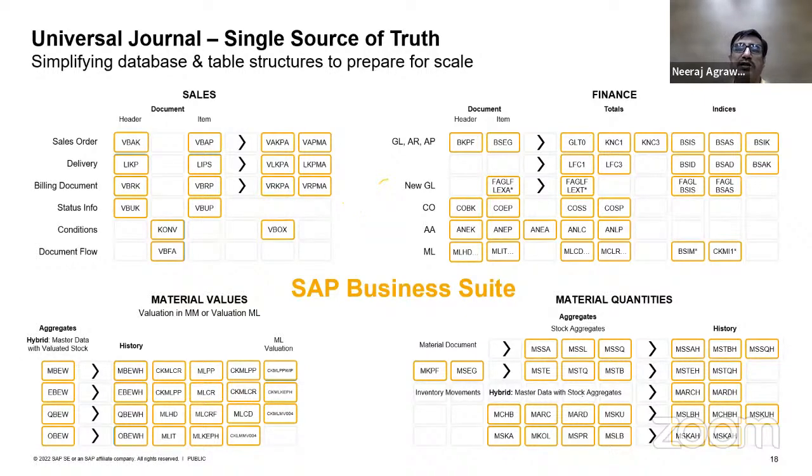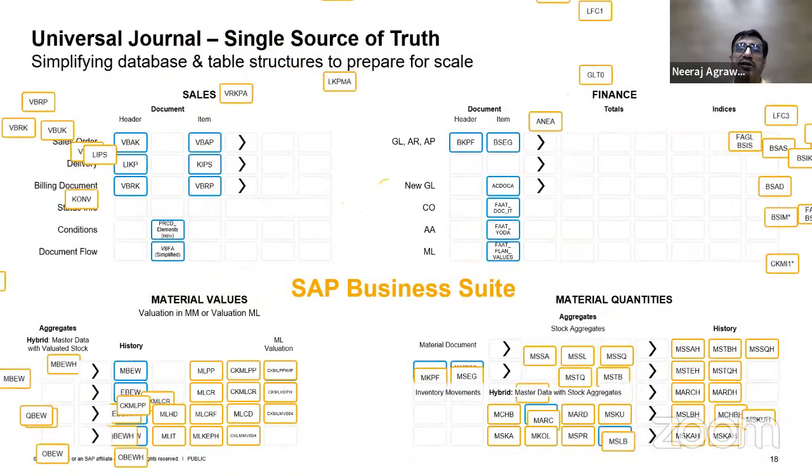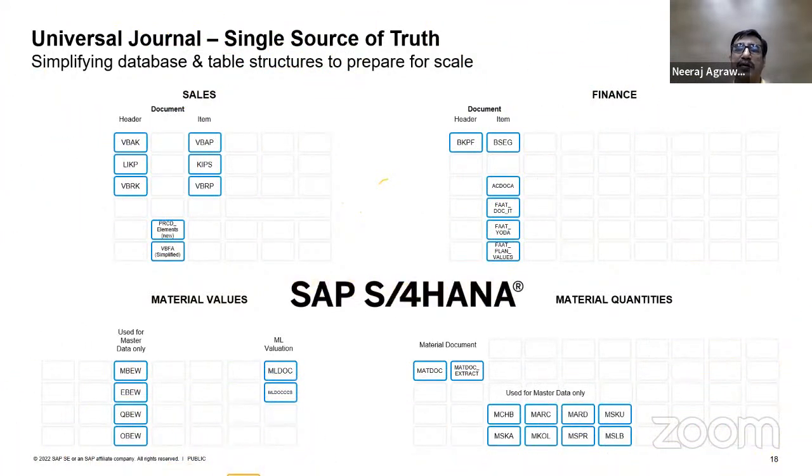But what happens now with the simplified structure? This is what is left. No more totals, no more indexes, very limited tables in each area, and from there you can get all kinds of information and build different reports. Things are much simpler now.